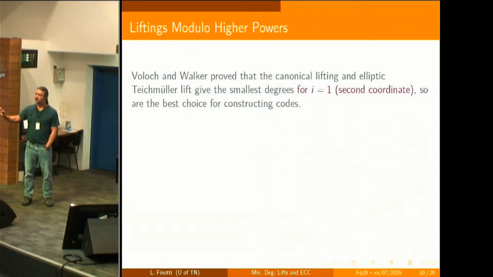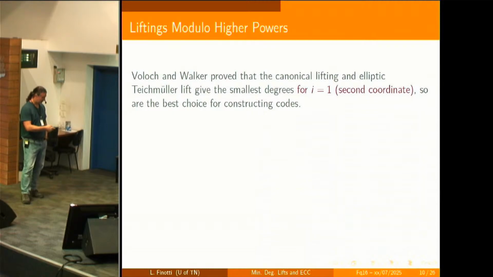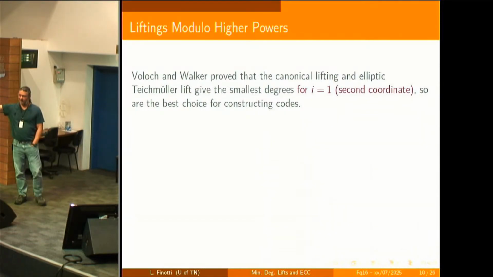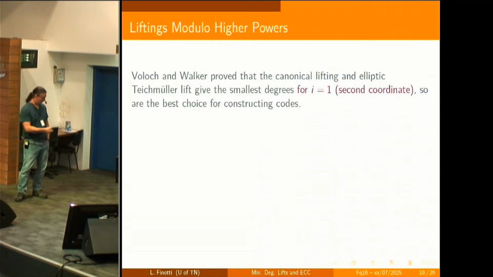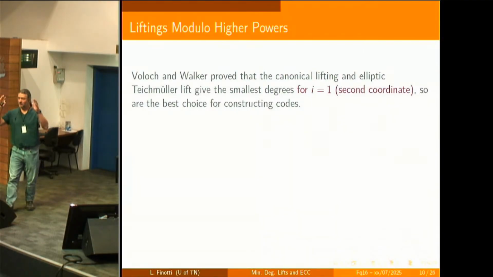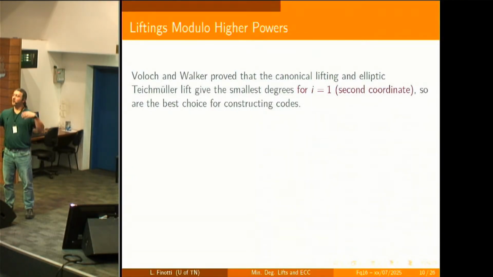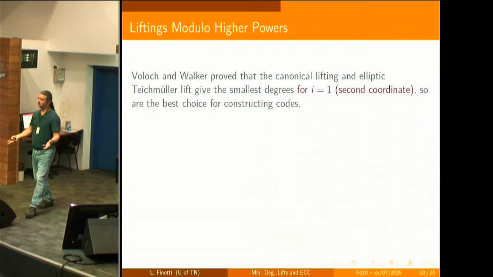If it's not ordinary, and so there's no canonical lifting, the degrees are going to be high. If it is ordinary, and you don't use the canonical lifting, the degrees are going to be high. So the best that you can do is to start with an ordinary elliptic curve and the canonical lifting and use the Teichmüller lift, and you have the smallest possible degrees, which yield the best estimates for the parameters of the codes.